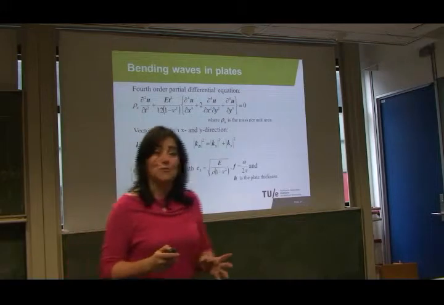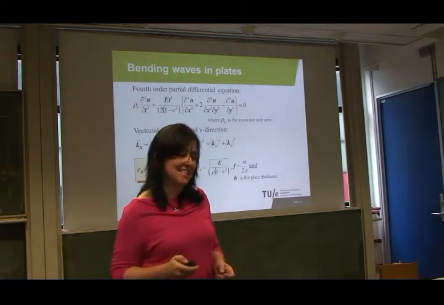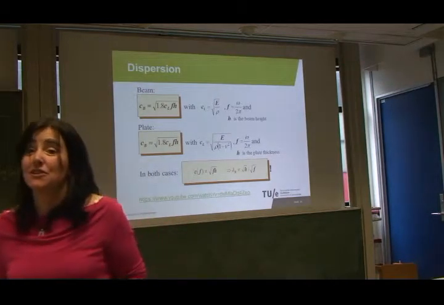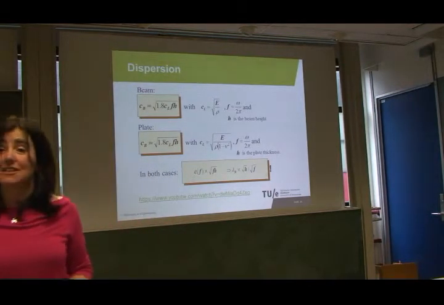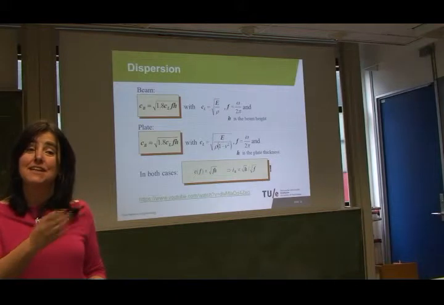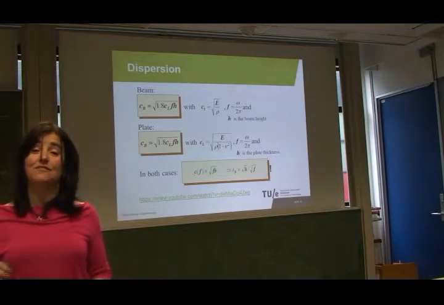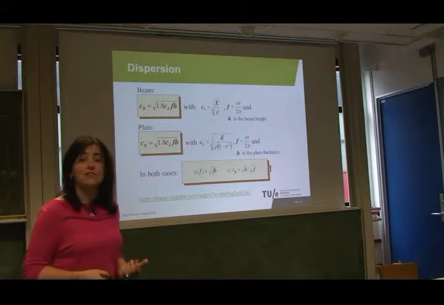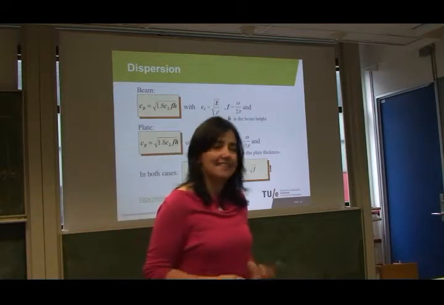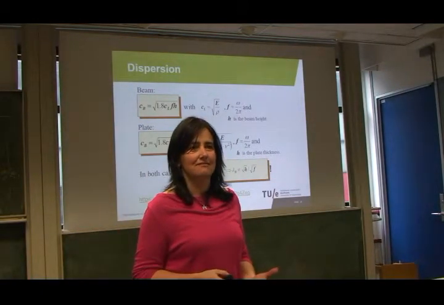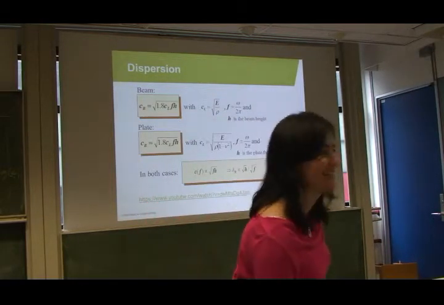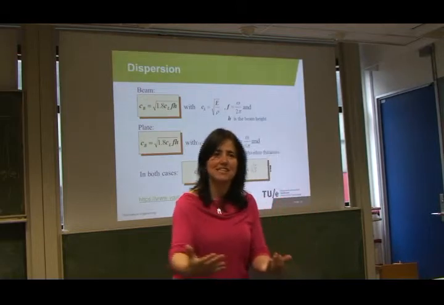Okay, and now, what's this? This is what we call dispersion. When a wave has this property that the speed of the wave depends on frequency, then we call it dispersion. And it sounds very scary, at least that's what I thought the first time I heard it. What does this mean, that the wave speed depends on frequency?